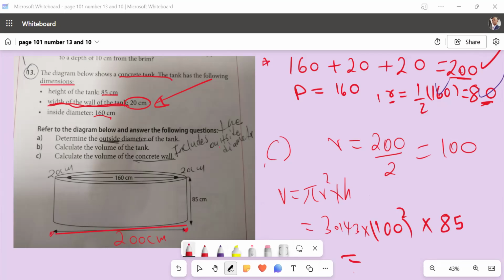We have 3.143 multiplied by 100 times 100 times 85 equal to, then we obtain 26 71,550.